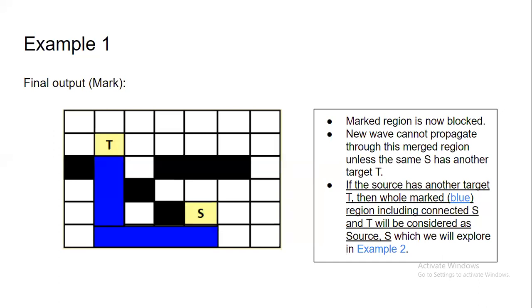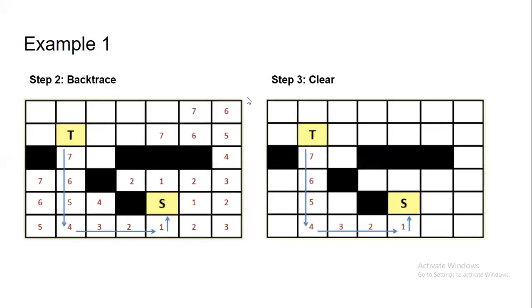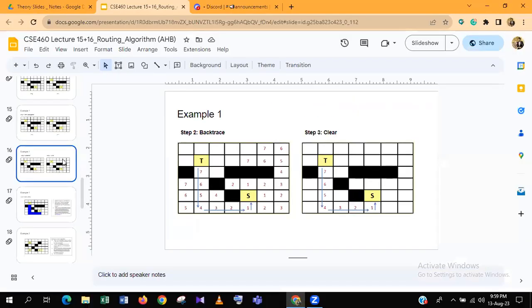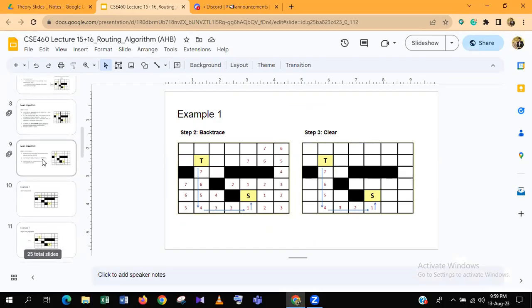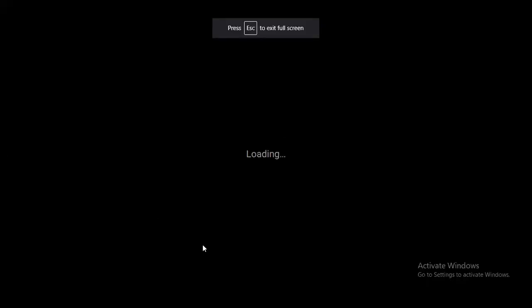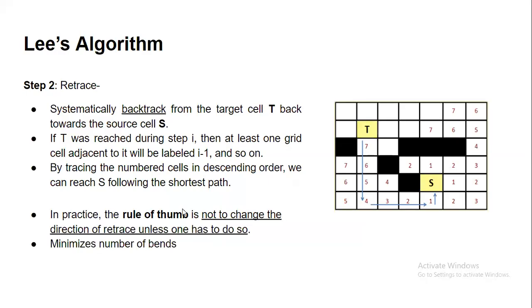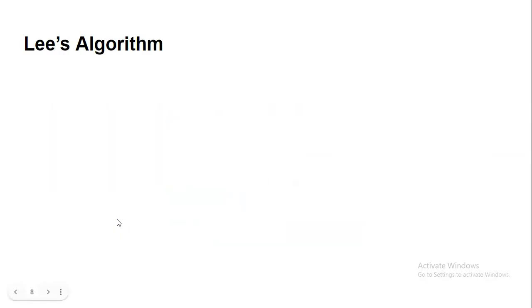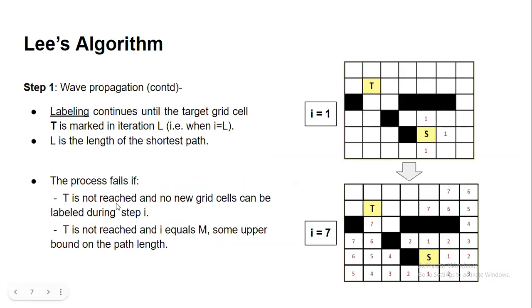If we iterate over 7 times and we did not hit any target, that's how the process will fail, as it says in this slide. Let's see, T is not reached. If T is not reached, the process fails. So you don't have any solution actually for that type of scenario.